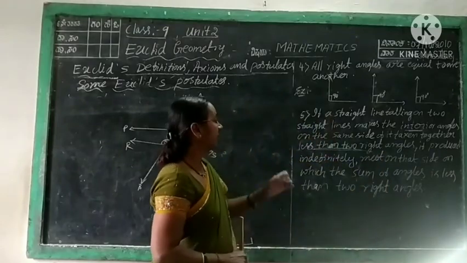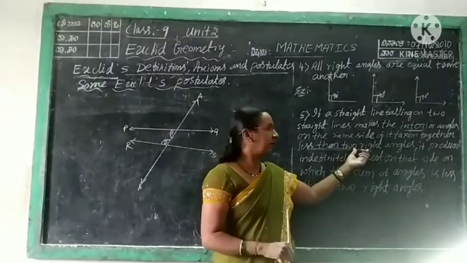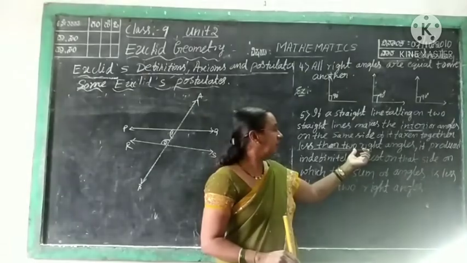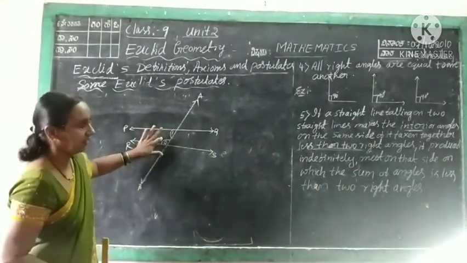It is important: it is less than two right angles, meaning the sum is less than 180 degrees.